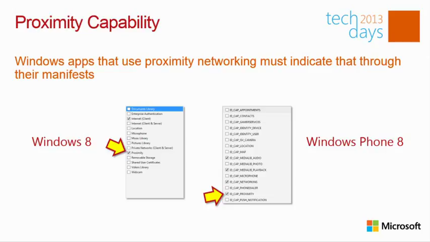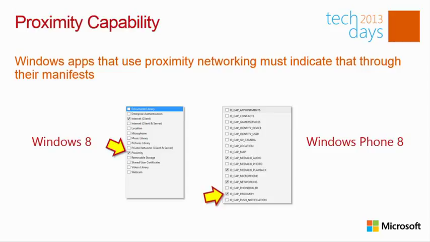On the left, I've opened up the application manifest for a Windows Store app, and I've gone into the capabilities page of the manifest, and I found the box labeled Proximity, and I've checked it. If you fail to check that box, and then you try to call one of these proximity APIs in your Windows Store app, you will generate an access denied exception. I forget to do this sometimes.